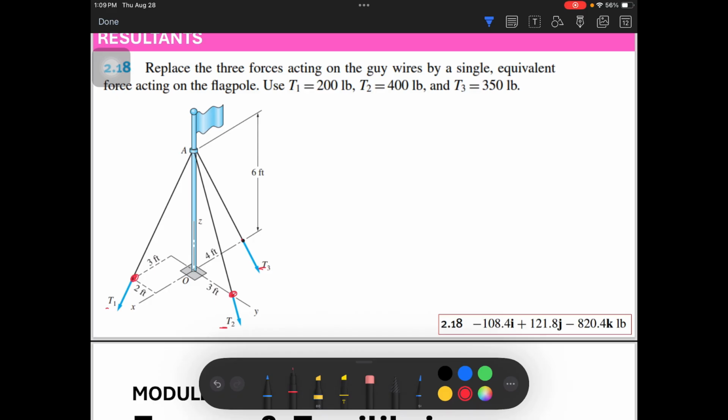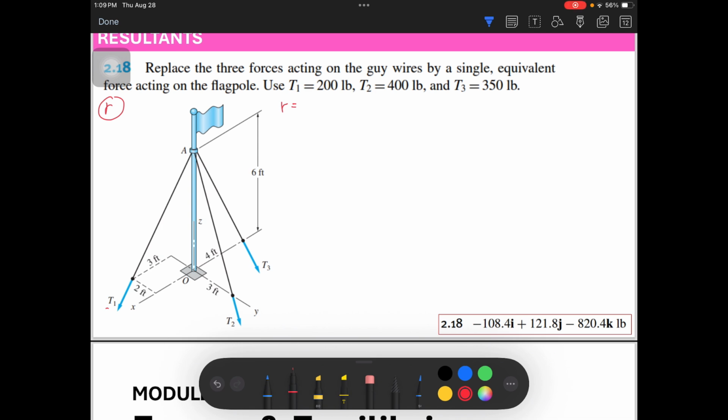Coordinates ng point of application, location ng mga forces. Ibig sabihin, may makukuha tayong location vector, R. So, let's get the location vector for T1.